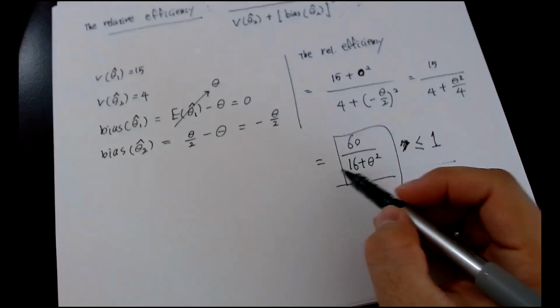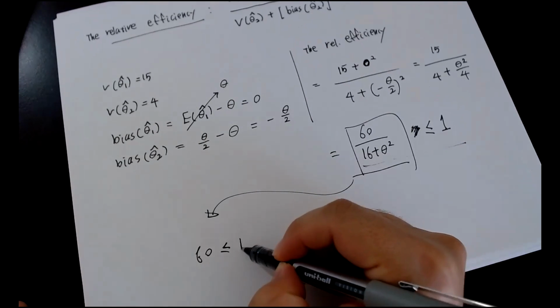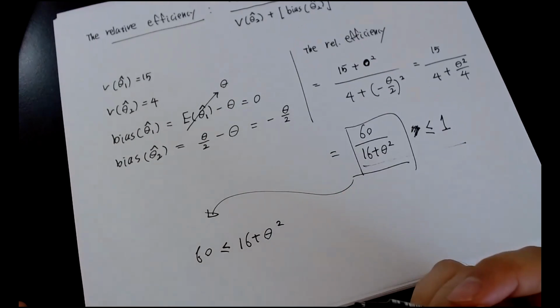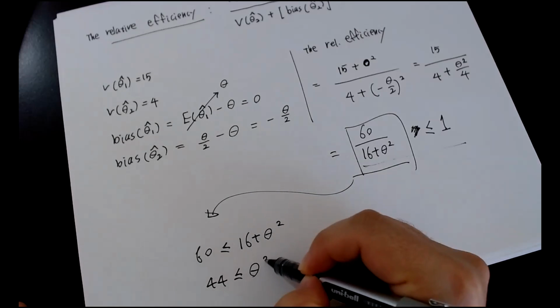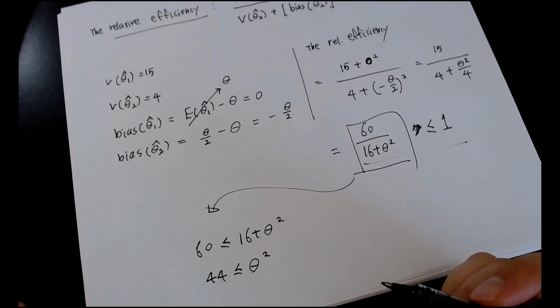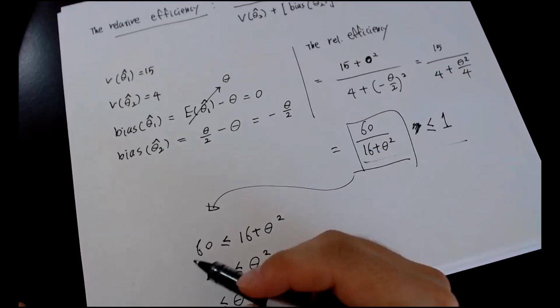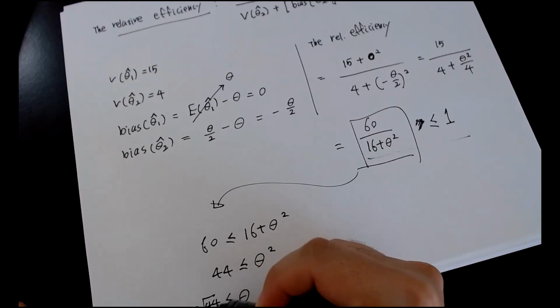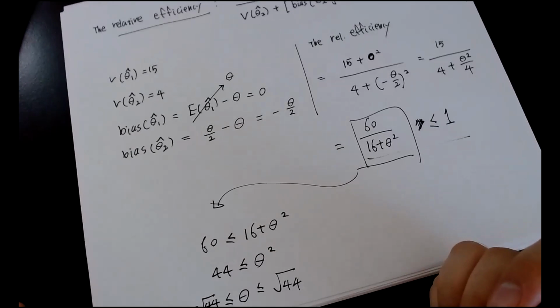all right, so now 60 is less than or equal to 16 plus theta squared, right? Okay, so 44 is less than or equal to theta squared, right? So that means theta must be between negative square root of 44 and positive square root of 44, right? Okay, so what does that mean?